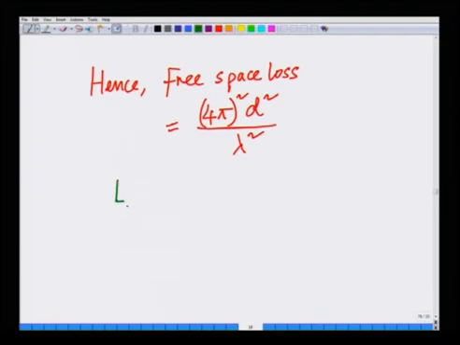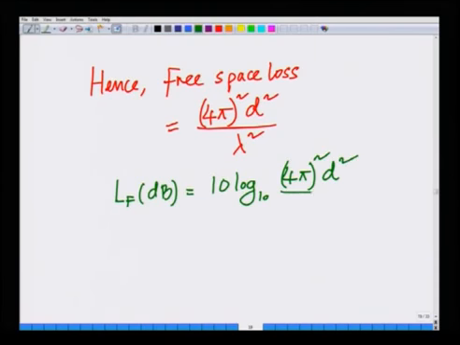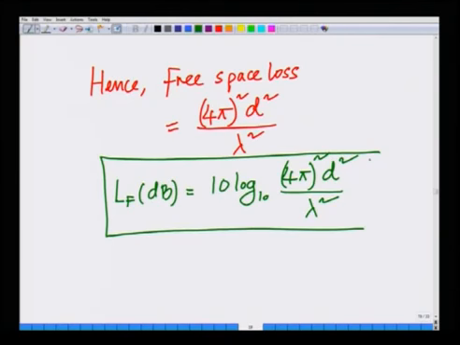Hence, the free space loss in dB is nothing but 10 log 10 of 4 pi whole square d square by lambda square. This is essentially the free space loss in dB. So, this is the expression for the LF component.